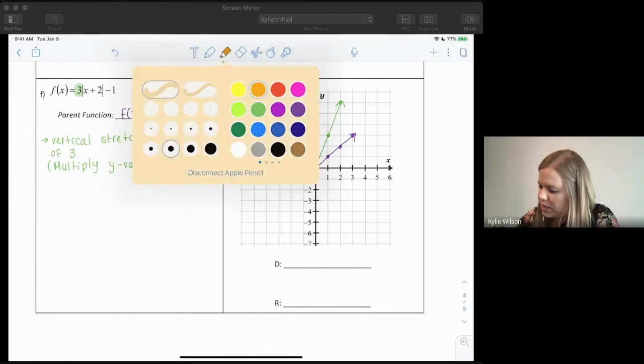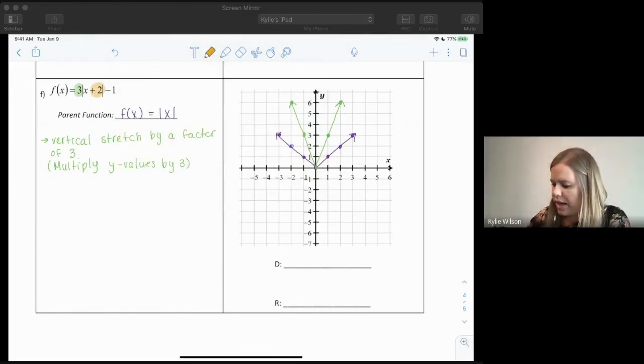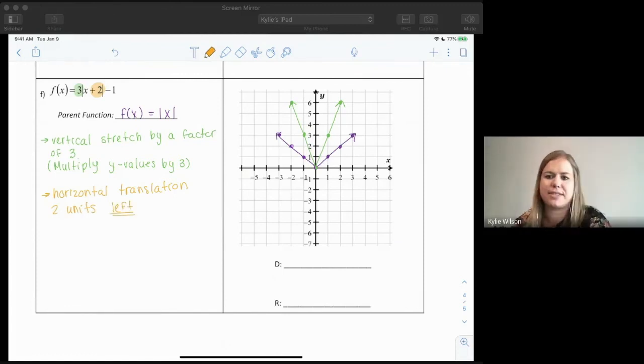And now I'll identify my next transformation. So the next one, I have a d value there. So I'm going to have a horizontal translation 2 units. And because it's a positive 2, I'm moving to the left.